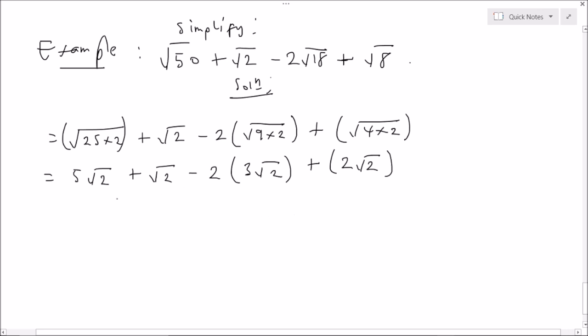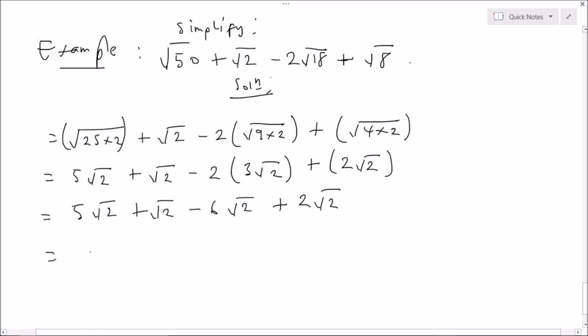Now next we simplify. This will give us 5 root 2 plus root of 2. Here we have minus 2 times 3 root 2. This will give us minus 6 root 2 plus 2 root 2.